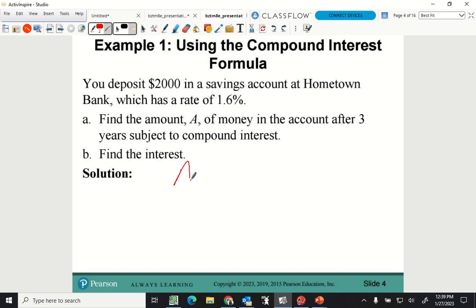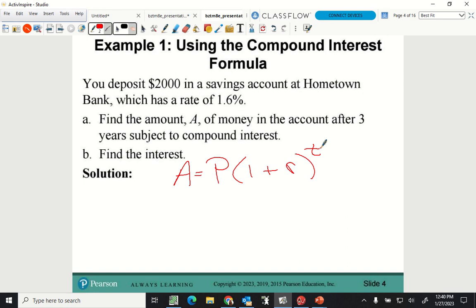Write out the formula: A equals P times parentheses 1 plus R raised to the T. Now, you deposit $2,000 to the savings account at Hometown Buffet, which has a rate of 1.6%. Step A, find the amount A. That's even easier, because I'm looking for variable A.